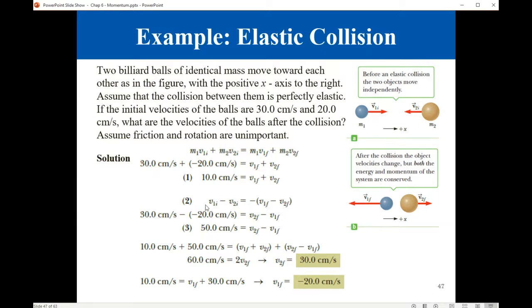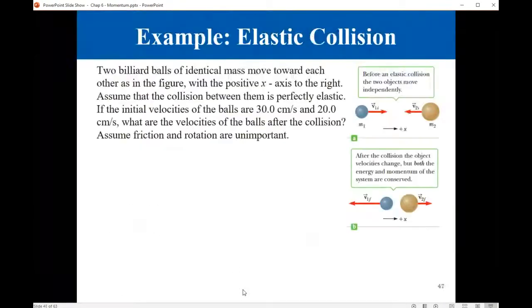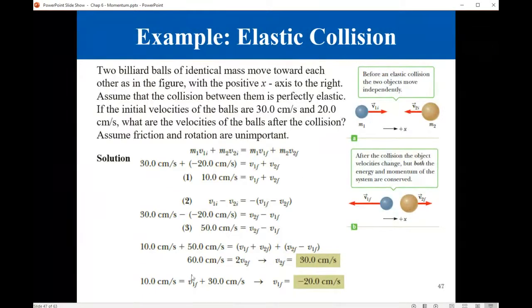And because it's elastic, from the conservation of energy, we have this result that we obtained from the previous discussion. This equation we can also make use of. So now you have two equations with two unknowns that you apply algebra and solve for the two unknowns. So v2 final is 30, v1 final is minus 20.